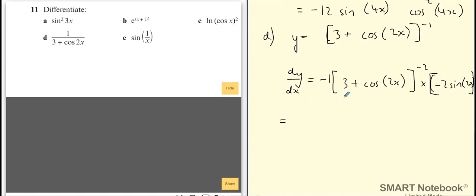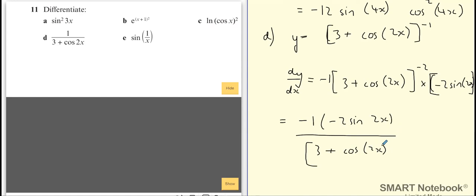So now, if the power is minus 2, then that must mean that term is going to go to the bottom and it's going to be squared. So I'm left with minus 1 times by minus 2 sine 2x all over 3 plus cos 2x all squared.